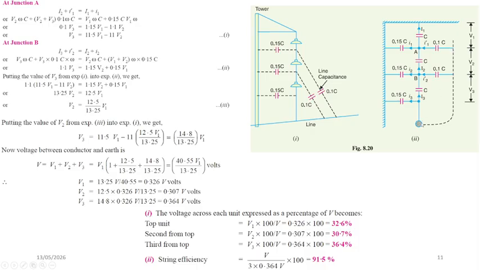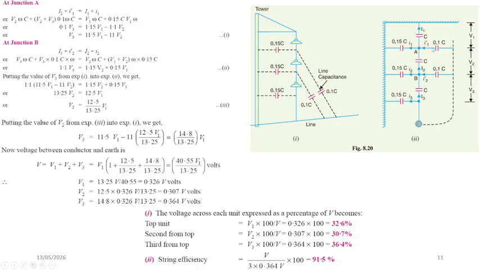This junction is connected to this junction. The voltage from this point to this point is equal to V2 plus V3, right? So the voltage between these two nodes is equal to V2 plus V3.